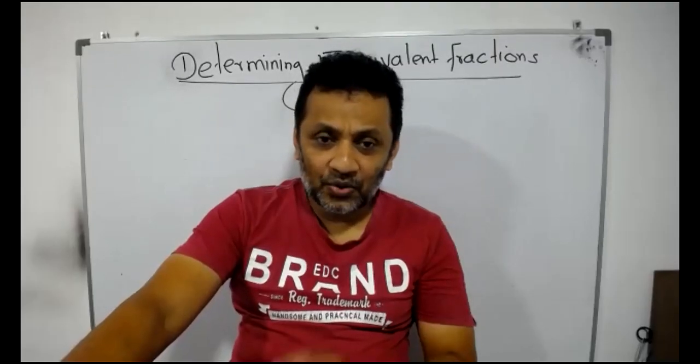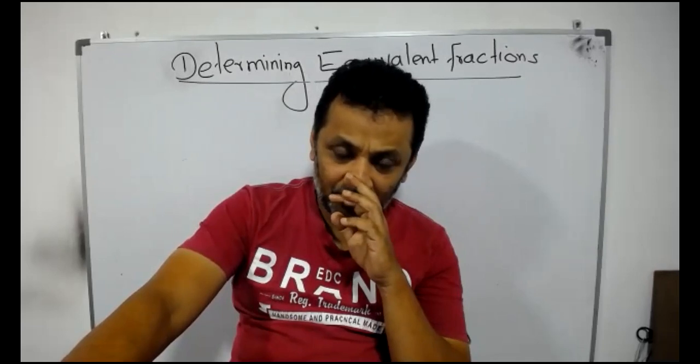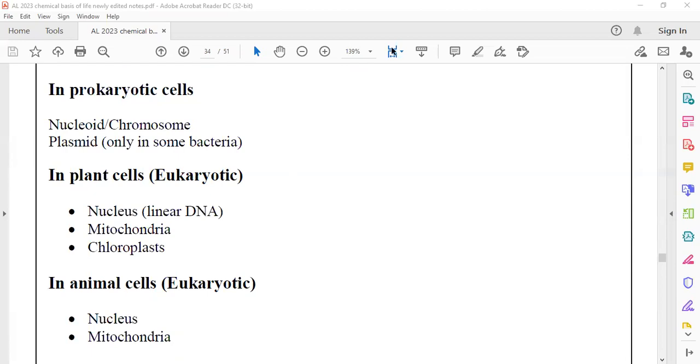Okay? So chloroplast and mitochondria, they have what kind of DNA? Circular DNA.